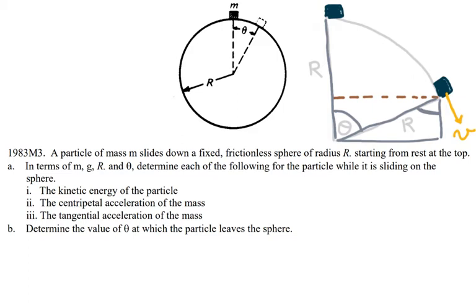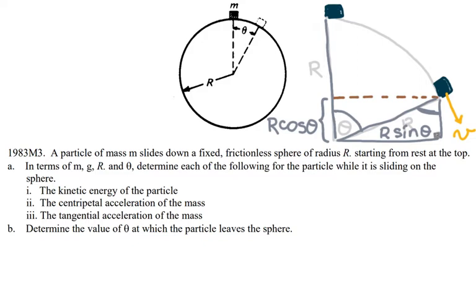So this length right here is r cosine theta, and this length right here is r sine theta, because the hypotenuse is r.